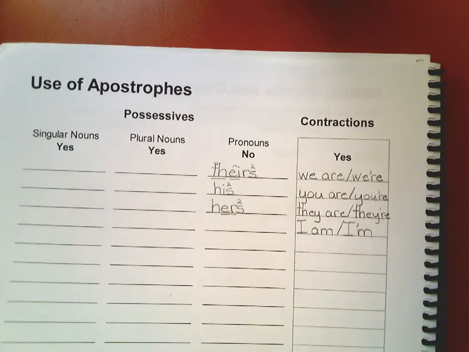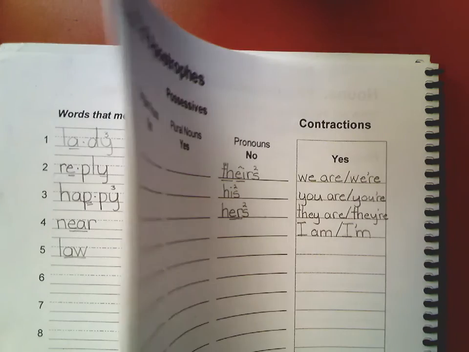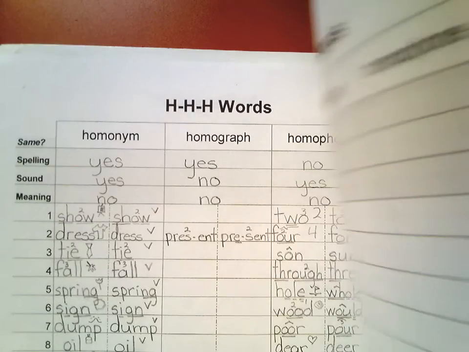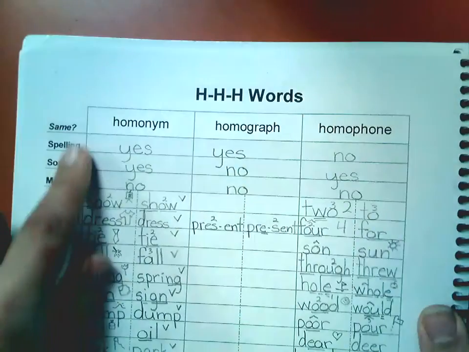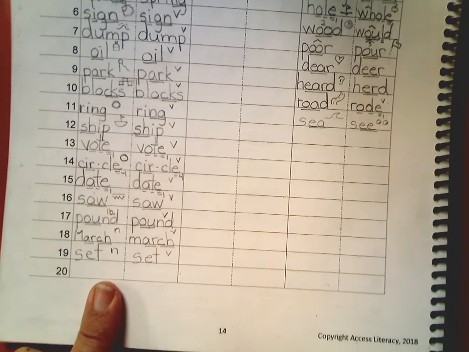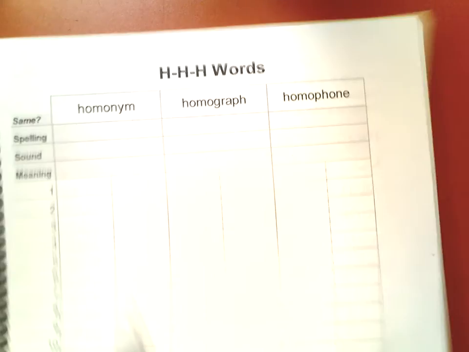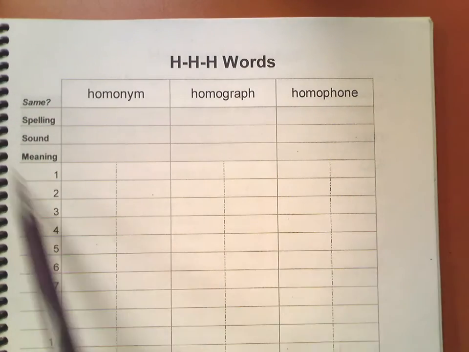So let's go to our homonyms, or our HHH page, which is 14. And we'll write fair there. So homonyms, I'm all the way to the end, but if you have more than I do, don't worry, there's another page. You can just get your next homonym page set up.